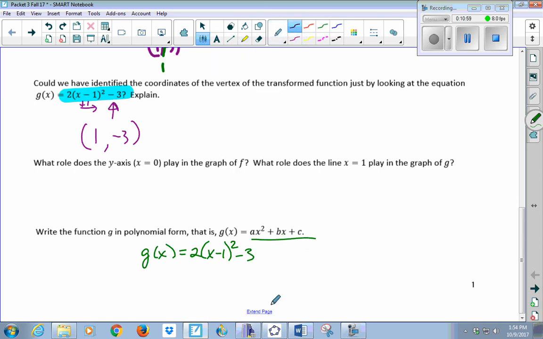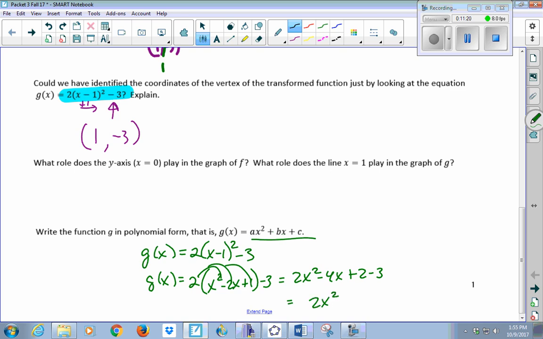So it never hurts to review that. So let's take a look at that. g of x equals, so I'm going to square x minus 1 first: x squared minus 2x plus 1. Now I'm going to double everything: 2x squared minus 4x plus 2, take away 3. That equals 2x squared minus 4x minus 1.